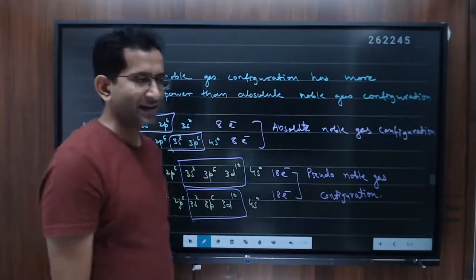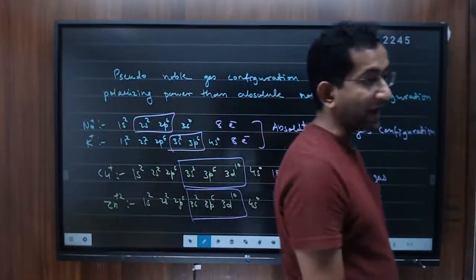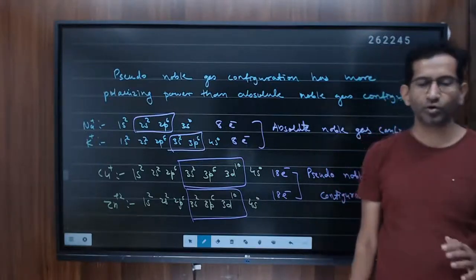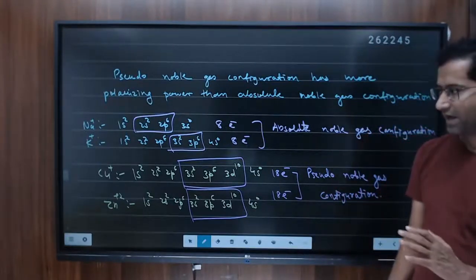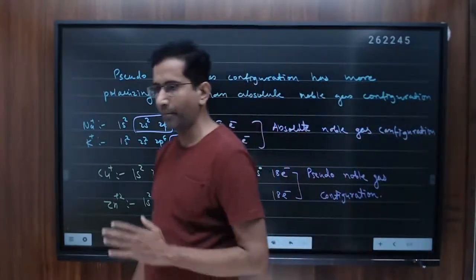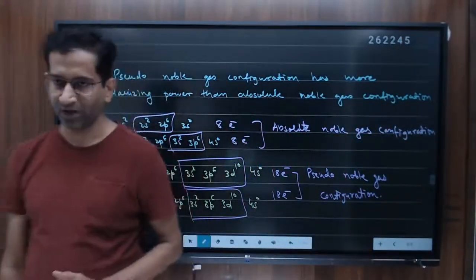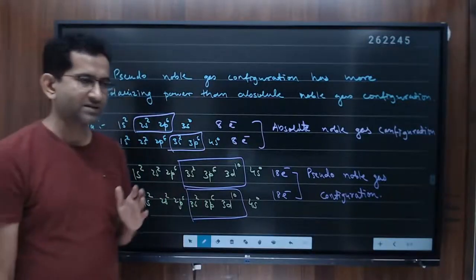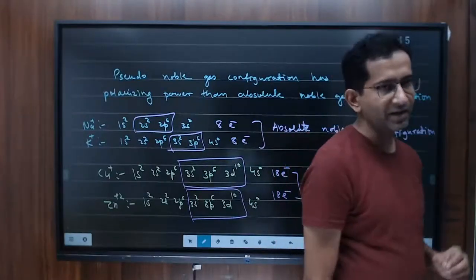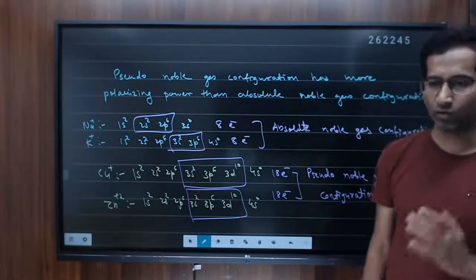If any cation has 8 electrons in its outermost orbit, that is called absolute noble gas electron configuration, and if any cation has 18 electrons, which is going to happen for d block elements only, in its outermost orbit, then it is called pseudo noble gas configuration.